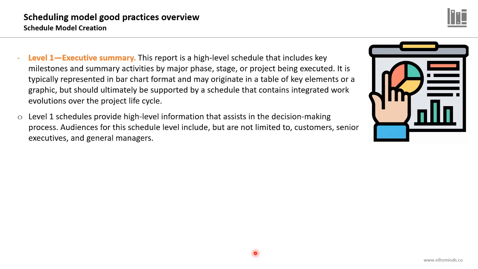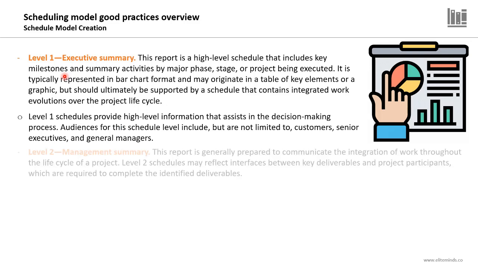The level 1 schedule will provide high-level information that will support decision makers. Audiences for this level will be the customers, senior executives, and general managers. These are the audiences of the executive summary schedule model.